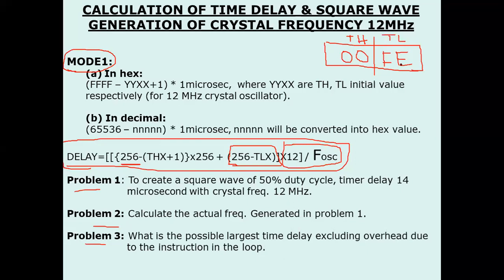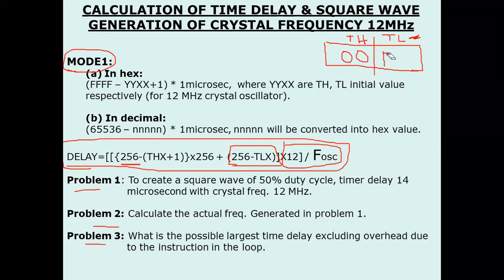Clear? So after one count, this TL will be incremented by 1, so this will be FF. And after the next increment, this will be 00.